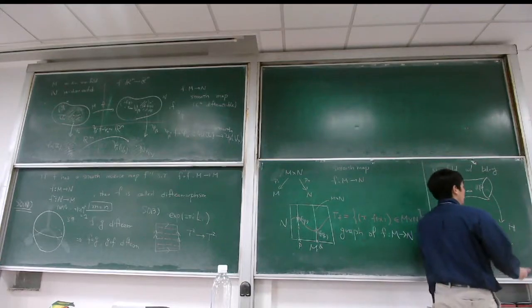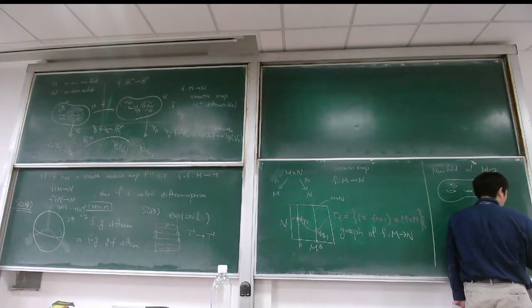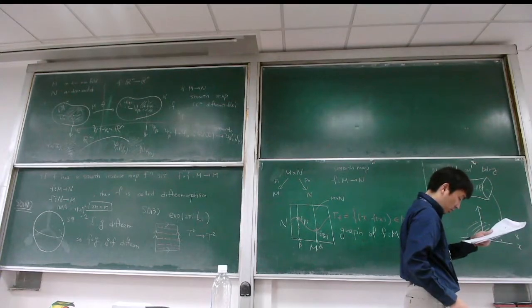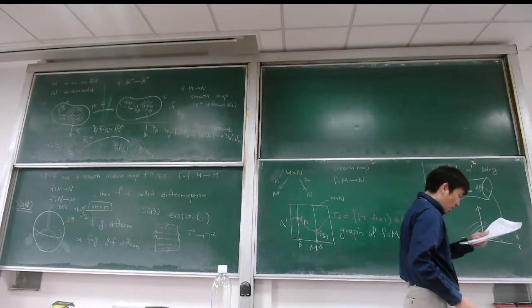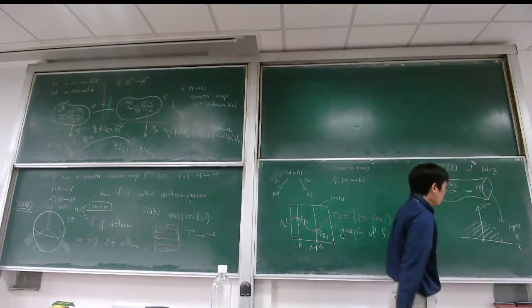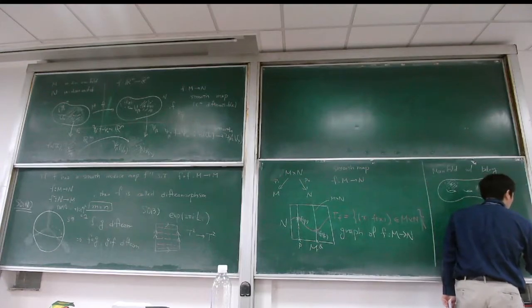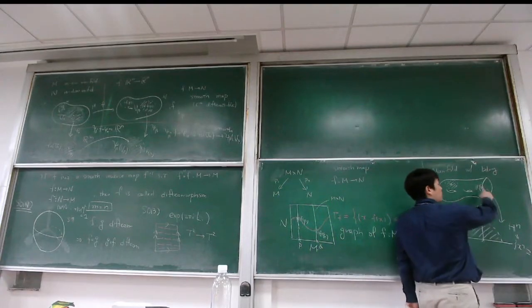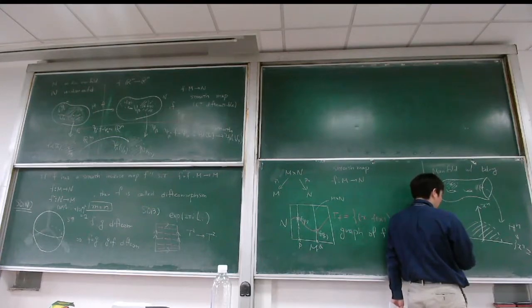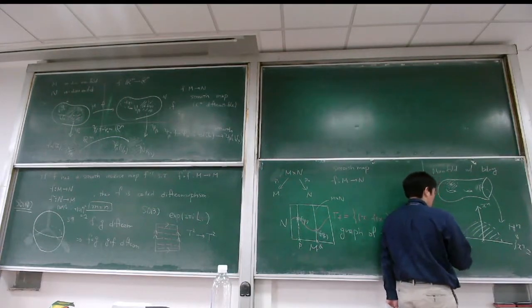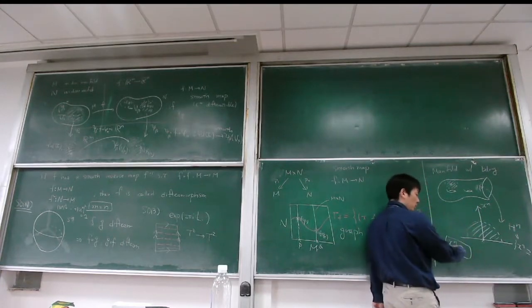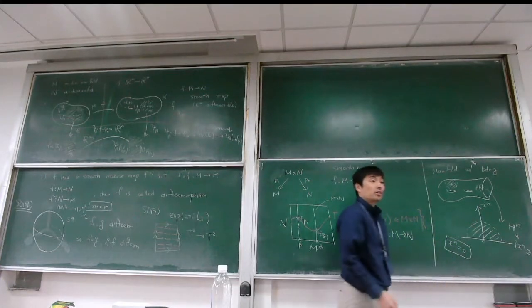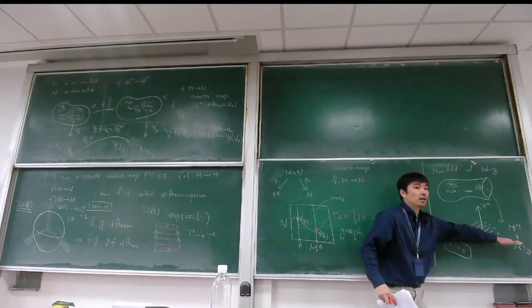Usually people write it this way. If this is n-dimensional, let's call this direction x_n. So x_n is always greater than or equal to 0, and the boundary point is mapped to the plane defined by x_n equal to 0, which means this n minus 1 plane.